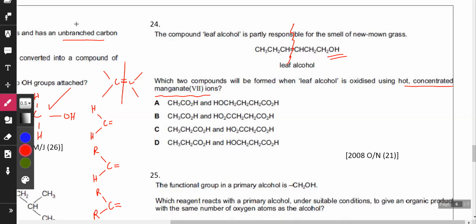So look at this molecule. It's going to be CH3, CH2, and CH. And the double bond has broken at this point. Which one is it? First, second, or third? What would it change into?